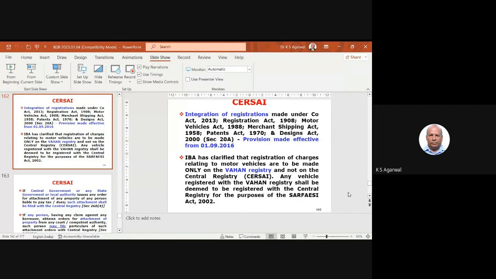So IBA has clarified that registration of charges relating to motor vehicles is to be made only on the Vahan registry and not on SARFAESI. Any vehicle registered with the Vahan registry will be deemed to be registered with SARFAESI also. So that is the advantage of the IBA clarification.